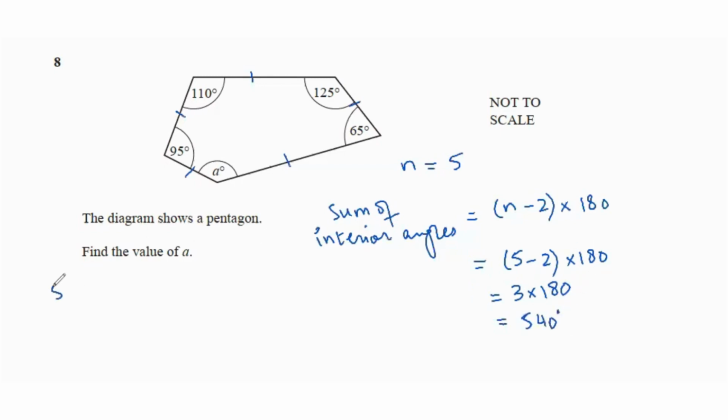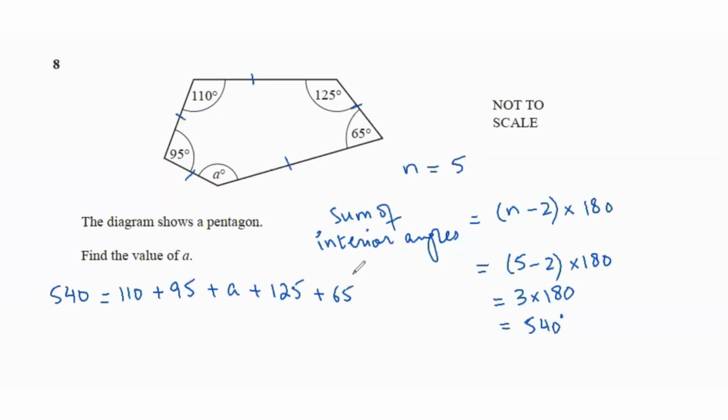So now we're going to put 540 degrees equal to the sum of all of these angles: 110, 95, plus A, plus 125, and plus 65. Why are we adding them up and equating to 540?